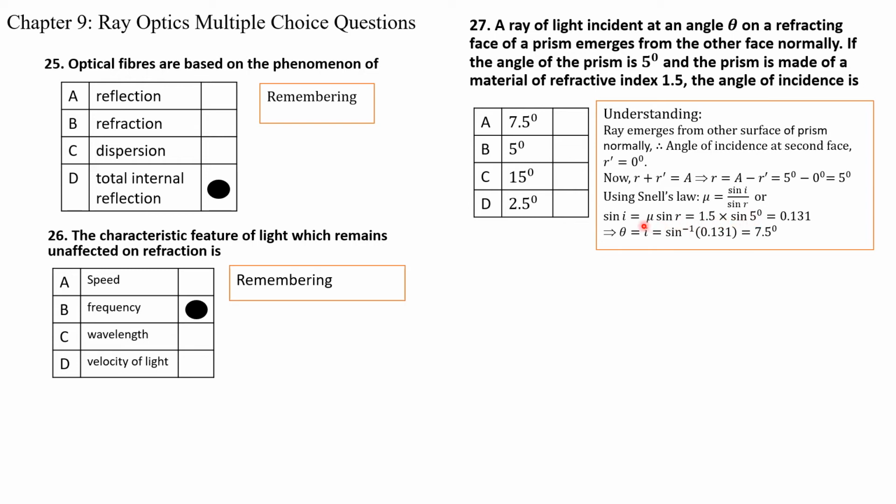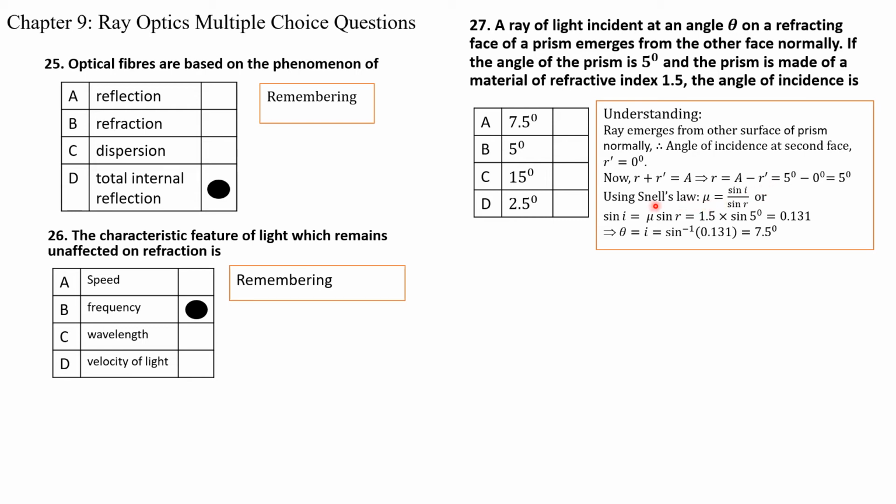The answer: sin i will be equal to 0.131. So i, that is theta, is equal to sin inverse of 0.131, which is 7.5 degrees. So the correct answer is 7.5 degrees. Here you have to remember many things. In this problem, you have to remember that r plus r dash is equal to A, so r is equal to A minus r dash, given A is 5 degrees, and you should also know that r dash is 0.